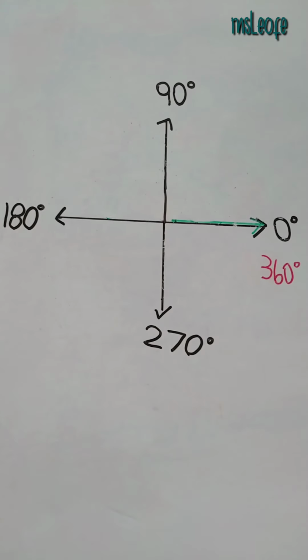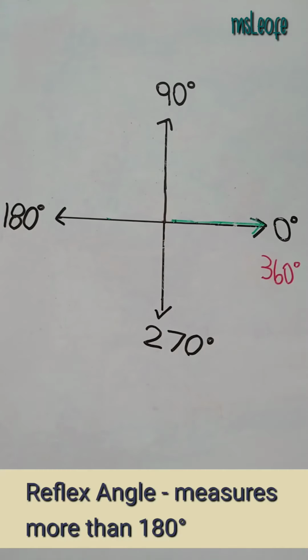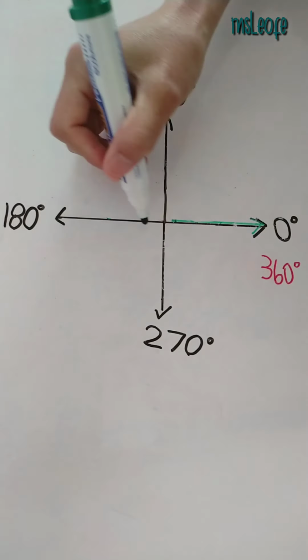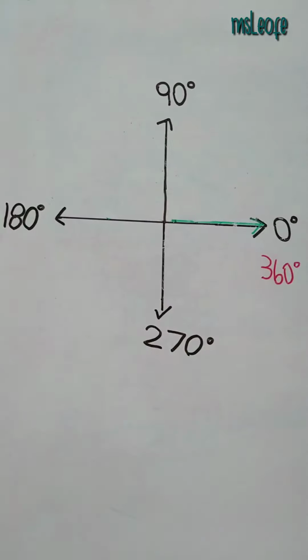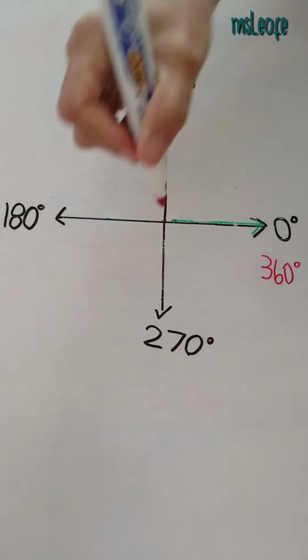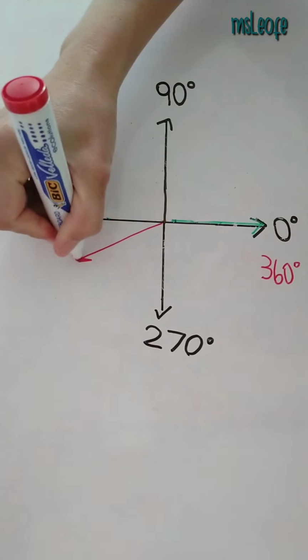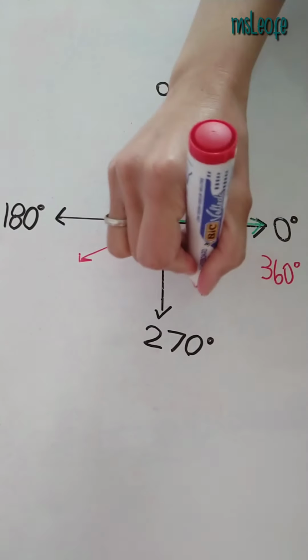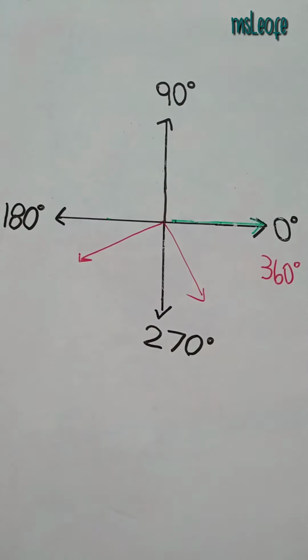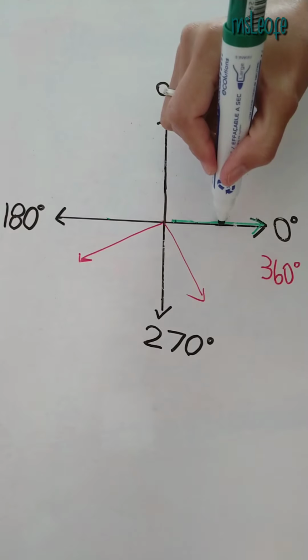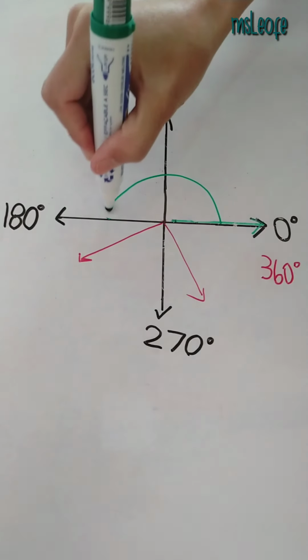The next type of angle is the reflex angle. This angle has a measure greater than 180 degrees. So the angle could be found here or here. To measure these reflex angles, we start again from 0 and move towards here.